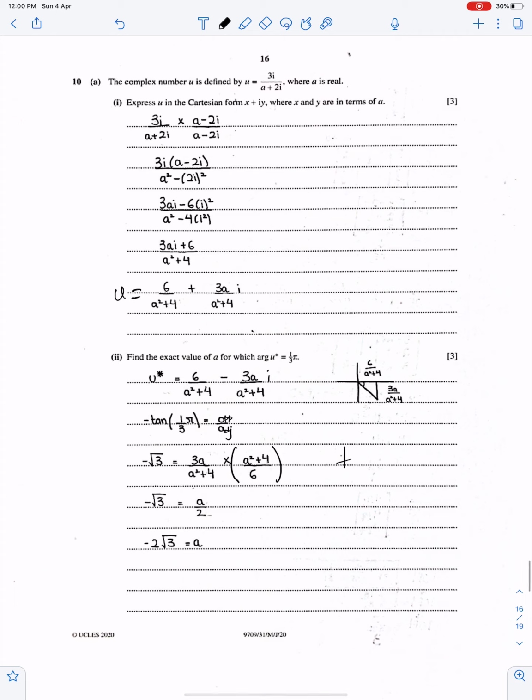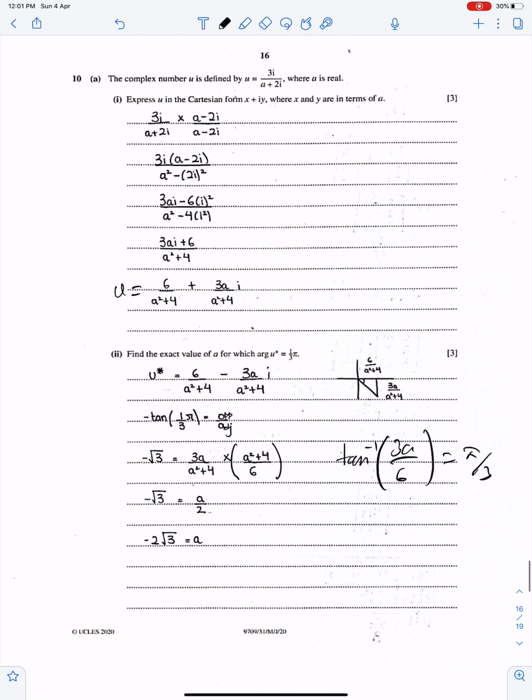The other way is this: tan inverse of 3a upon 6 is pi by 3. But since you are working in the clockwise direction, I mean your complex number is in the fourth quadrant, your answer must be negative pi by 3.